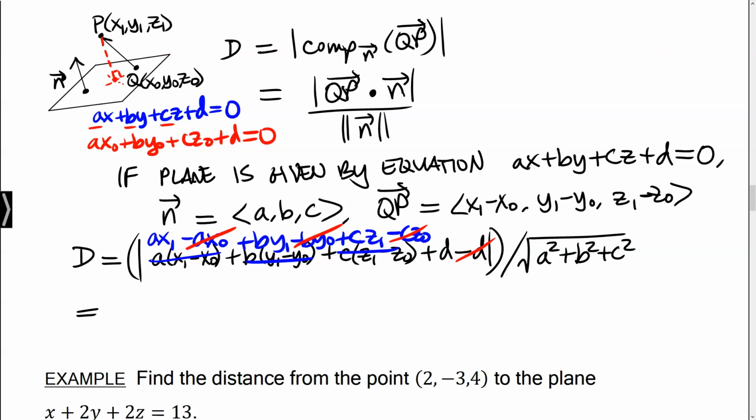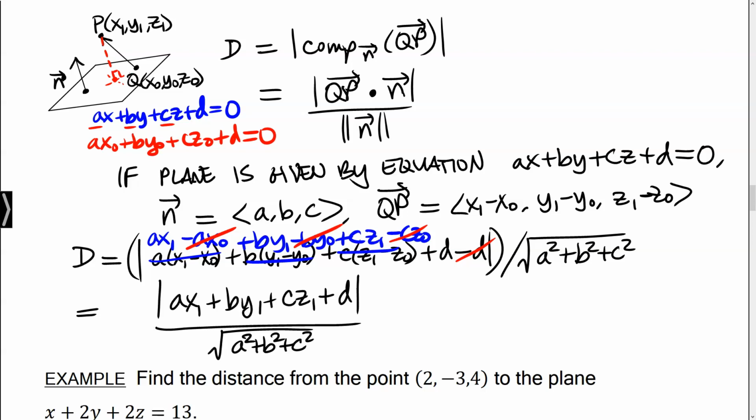So all we're really left with is, again, taking the left-hand side of the equation of the plane and just plugging in the coordinates of the point that's not on the plane. Same as the formula before, except there's an extra z term on top, and there's the c squared inside the square root on the bottom.